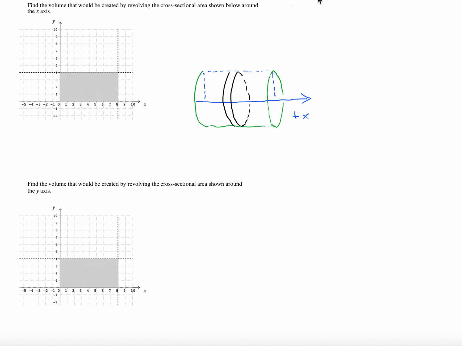And I want to draw a typical slice so that I can label it with some different dimensions that may be useful. Okay, there's my typical disc. And I'd also like to project it back onto the original cross section just to see what the shape would look like here.